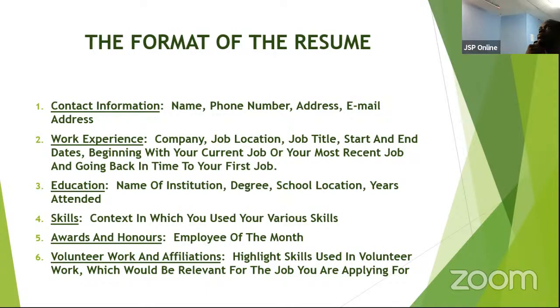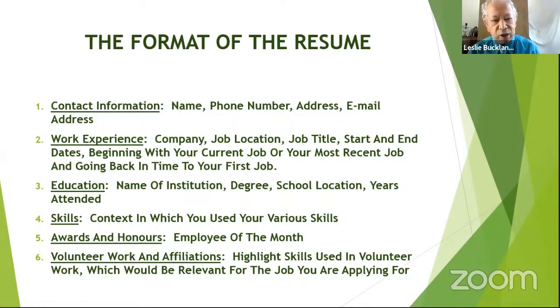Then number 2, you give your work experience. Number 3, you give the different institutions where you received your training and education. 4th section, you put down your skills. The 5th section, you put down the awards and honors you have received.